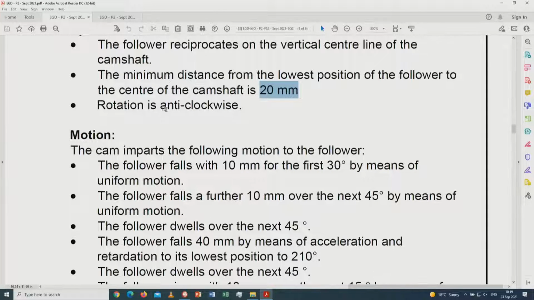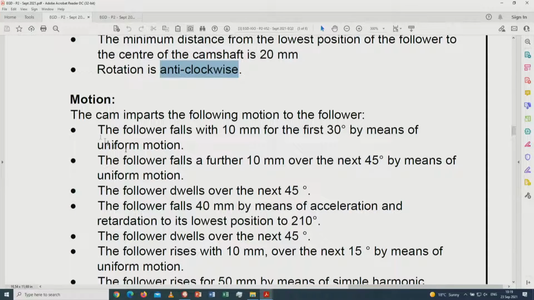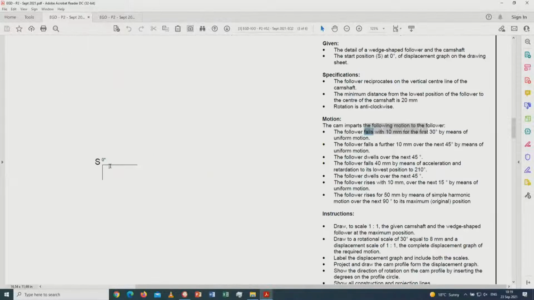The direction is anti-clockwise, so you're going to number in a clockwise direction. The cam imparts the following motion. The follower falls. Now that word falls tells you you have to go from the starting position downwards, 10 millimeters for 30 degrees.